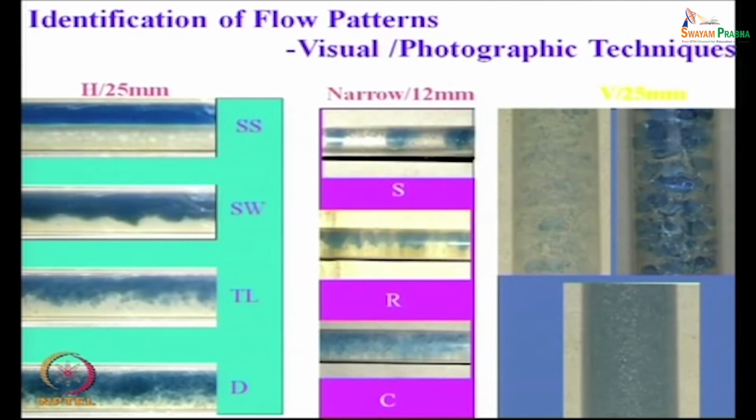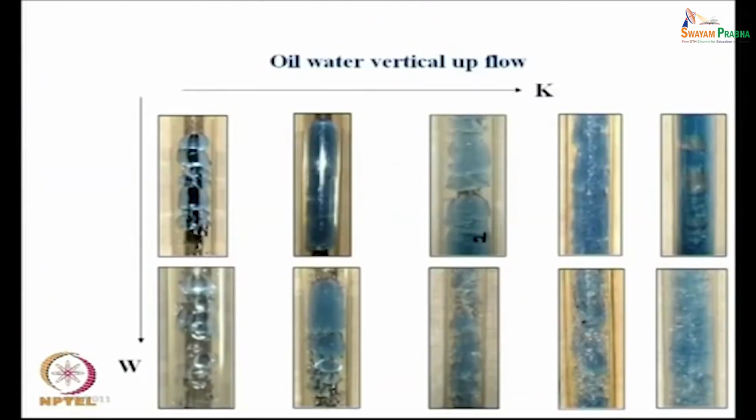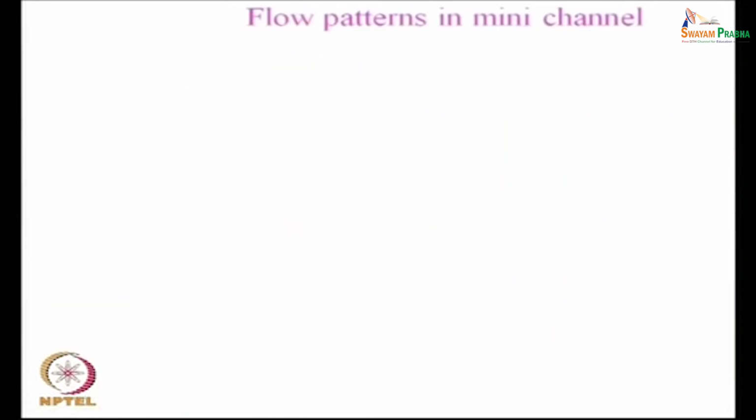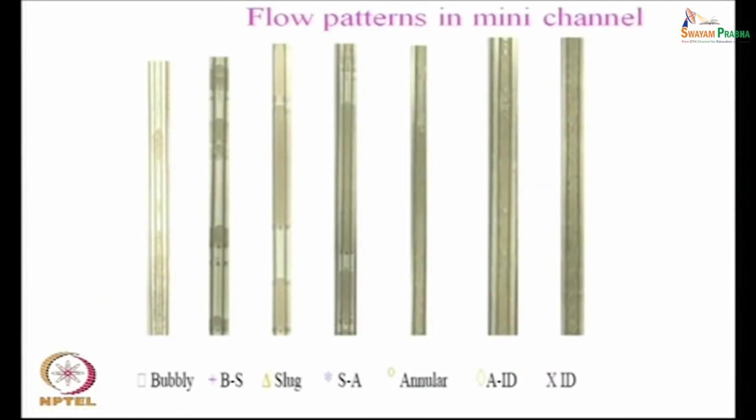This will be much clearer if you see certain flow patterns for toluene water flow. Here you can very distinctly see slug flows, Taylor bubbles, just like the Taylor bubbles which we had observed for air water cases.